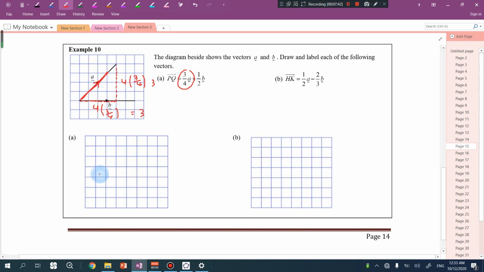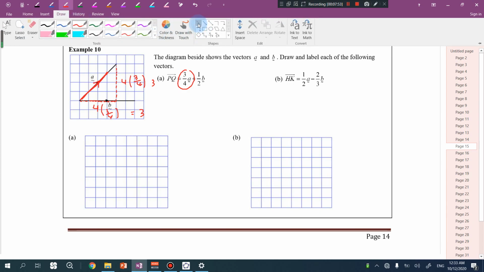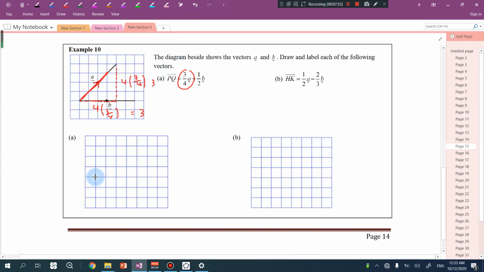Okay, how about I draw it here? 3 steps to the right, 3 steps up. Let me use this line, easy. 3 steps to the right hand side, then 3 steps up.